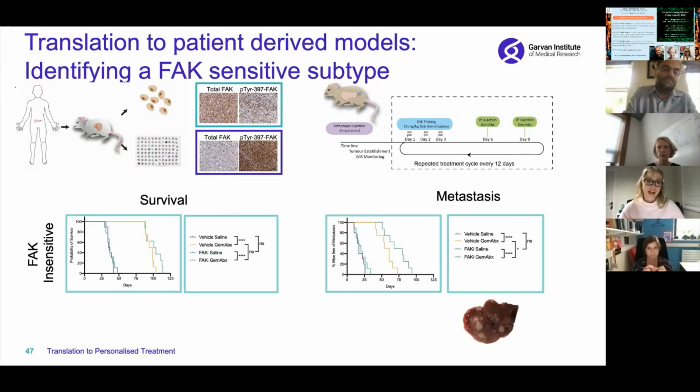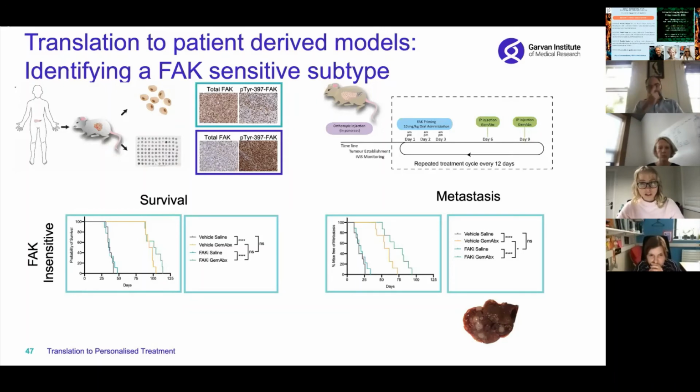Now, if we take our FAK insensitive line, the TK5s, we can see that FAK alone has no benefit on survival. Chemotherapy works quite amazingly, surprisingly. And when we added in our FAK inhibitor, it offered no benefit upon chemotherapy treatment alone.